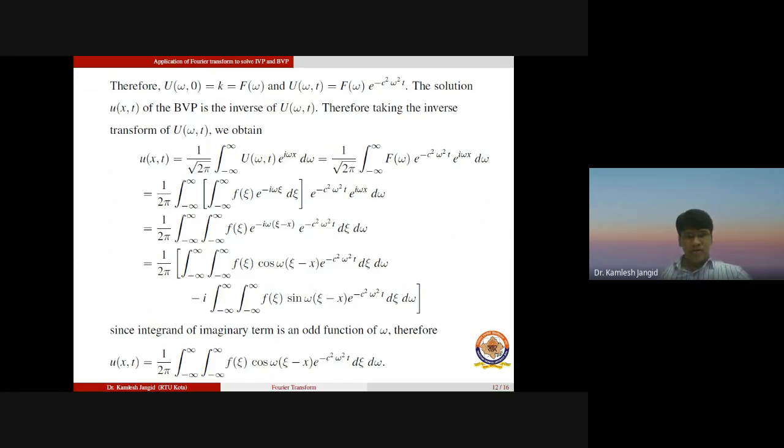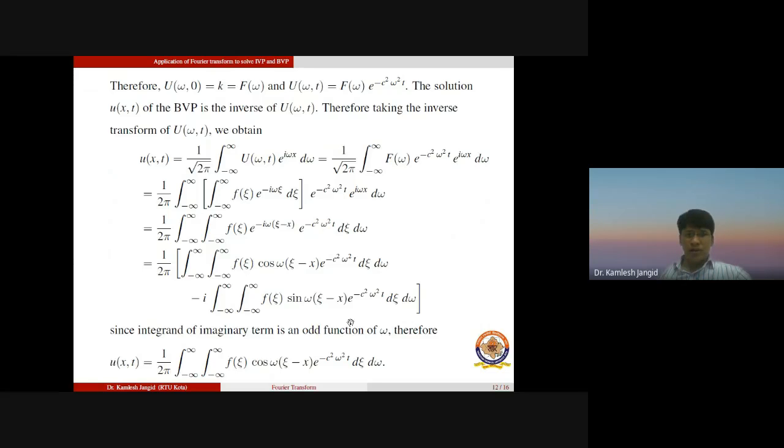All right. Now, since the integrand of the imaginary term is an odd function, because as you could see from here, the sine of ω(ξ−x) is an odd function, because if you put ω equals minus ω, then it becomes minus sine of ω. And by the property of the odd function, we find that the value of this integral becomes 0.